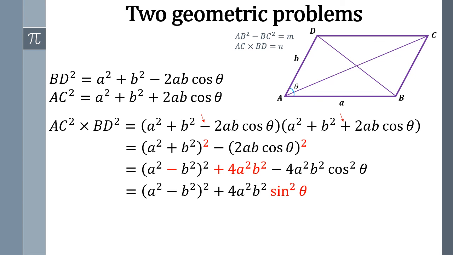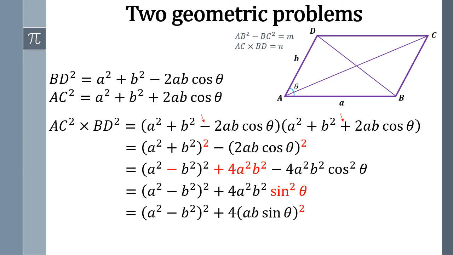And of course, the latter can be written as ab sine theta then squared. And note, ab sine theta equals the area of this parallelogram. And a squared minus b squared equals m, so its square is m squared. And AC squared times BD squared equals n squared.